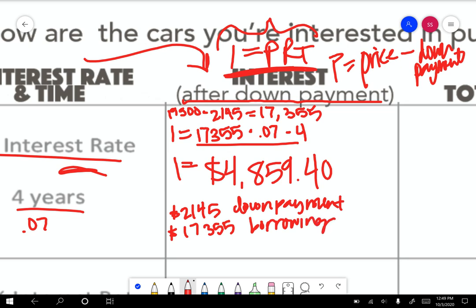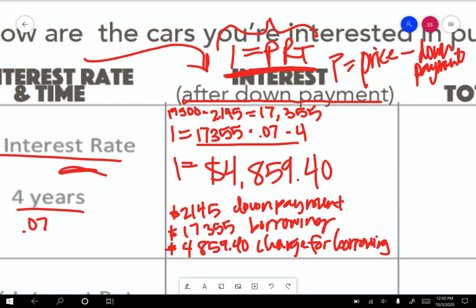And because we're borrowing money from someone, they're going to charge us for borrowing that amount. They're going to charge us a total of $4,859.40 over 4 years to borrow that amount. It's a charge for borrowing. So that's basically what the interest means here. We're being charged to borrow money, right?